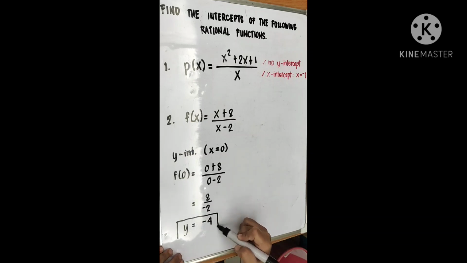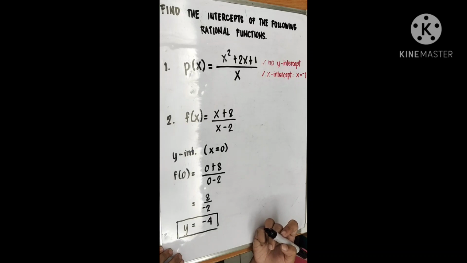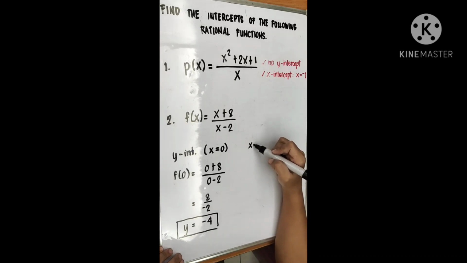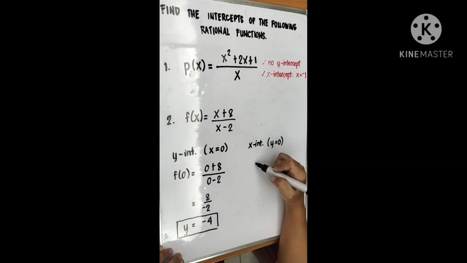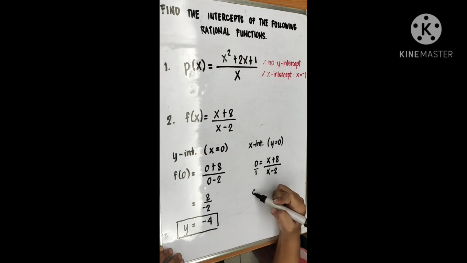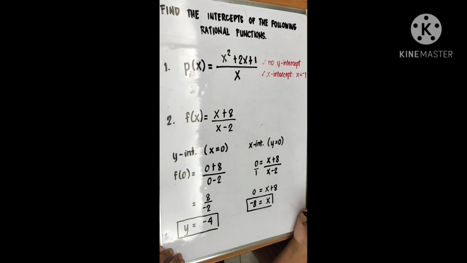This is now our y-intercept. Now, to solve for the x-intercept, we will substitute 0 for our y variable. And therefore, this is now our x-intercept.